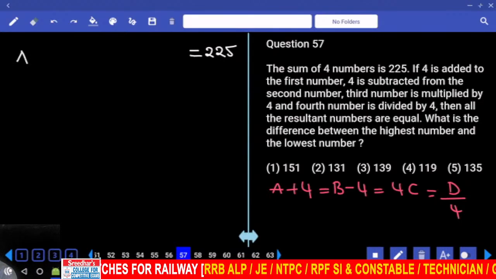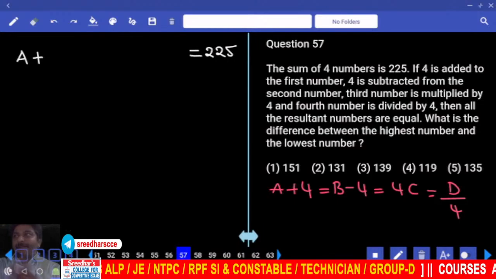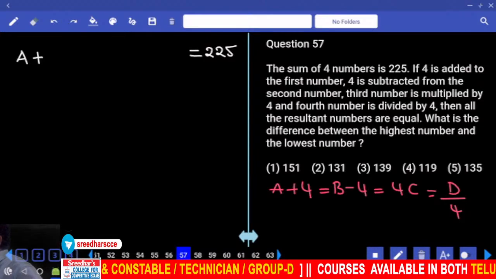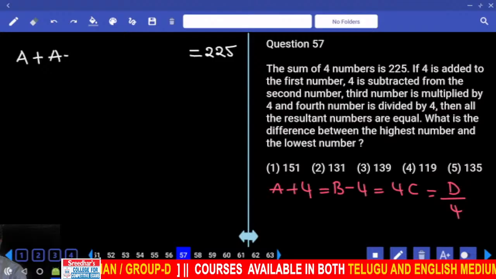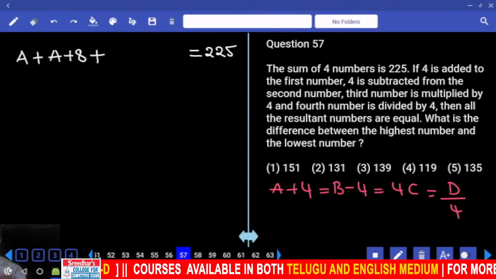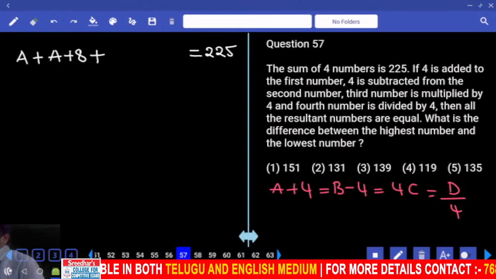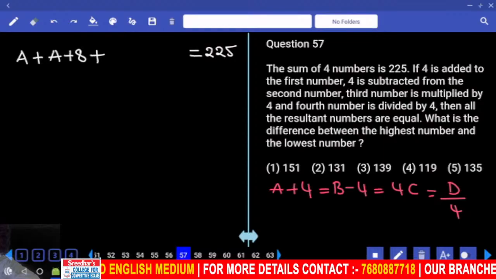I'll write A as it is. B I want to represent with respect to A. A plus 4 is equal to B minus 4. Then B is equal to A plus 8. C also I want to write with respect to A. 4C is equal to A plus 4.